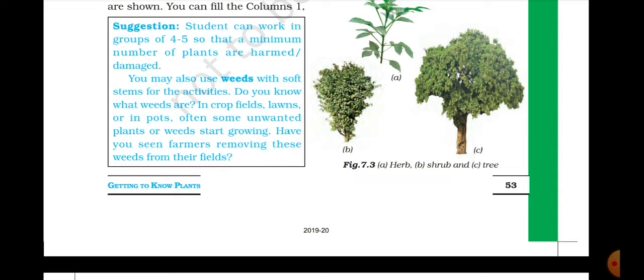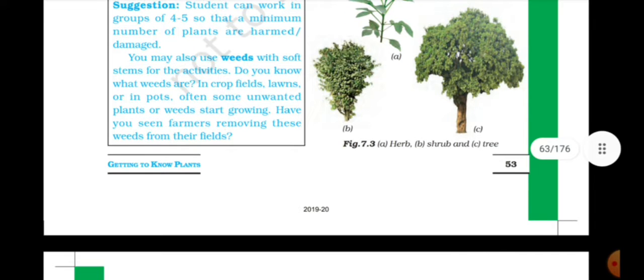For example, suppose there is a paddy field. तो paddy fields में there are some unwanted plants. You want paddy, so you have sown paddy, you are cultivating paddy all over your field, but there are some other plants, so that unwanted plant is a weed.